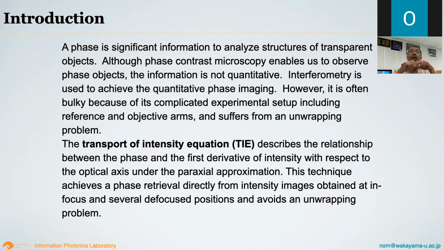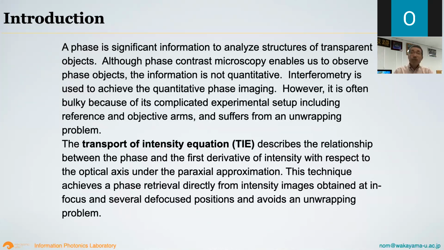So, as you know, phase imaging is significant information to analyze the structure of the transparent object. Although phase contrast microscopy enabled us to observe phase objects, the information is not, unfortunately, quantitative.